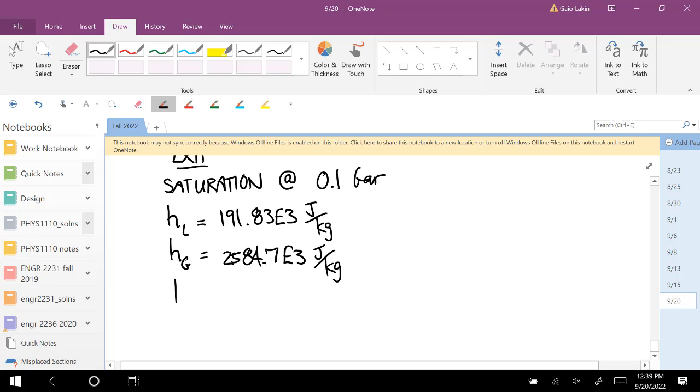And so now we can calculate H2 as the quality times H for the gas plus 1 minus the quality for H of the liquid.